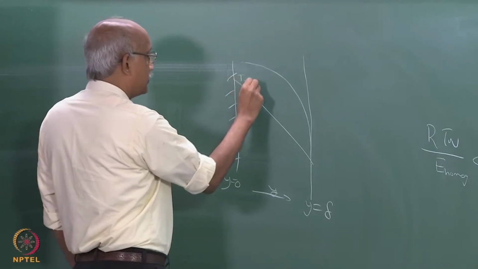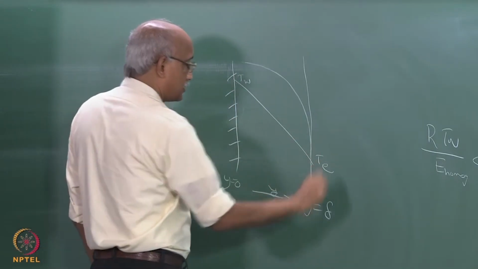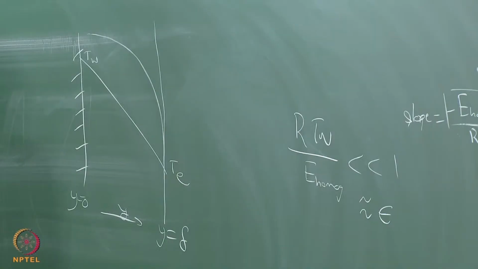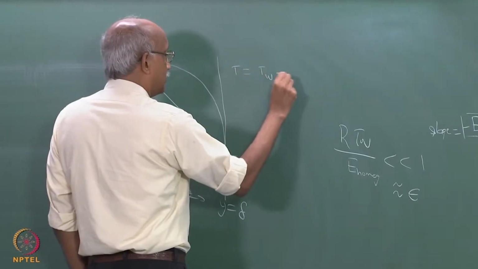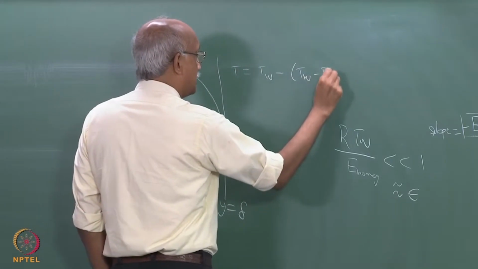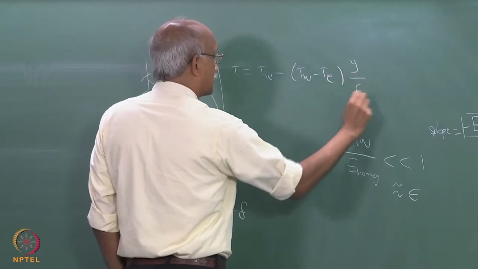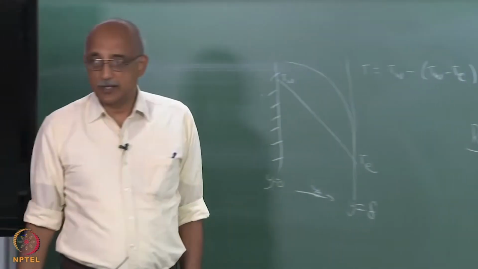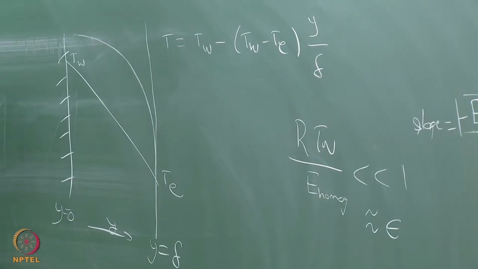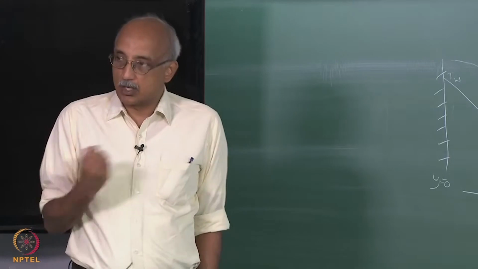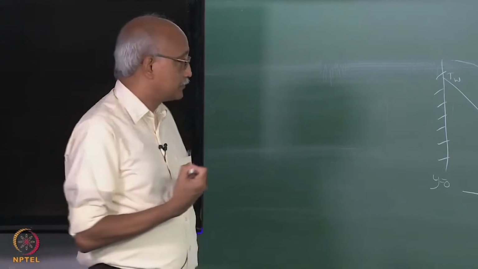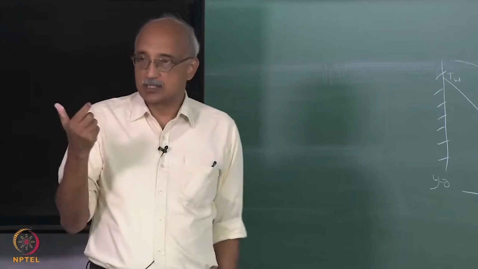So, if this is TW and this is the temperature at the edge of the boundary layer, you can assume a relationship of the kind T equals TW minus TE times y by delta.